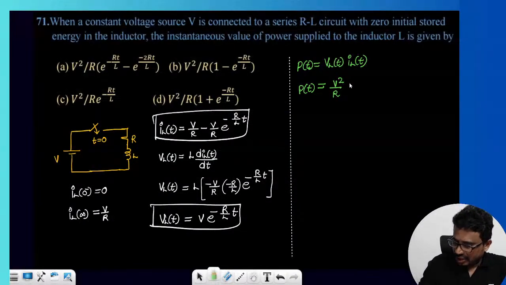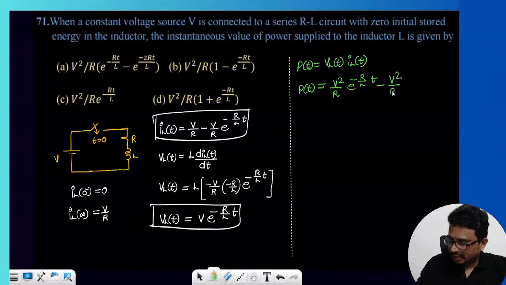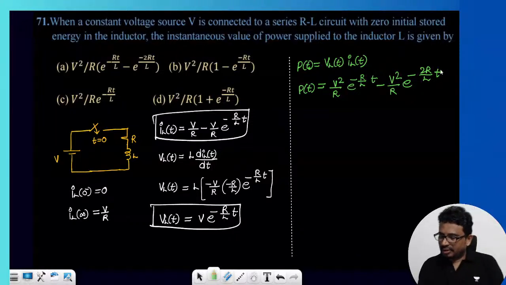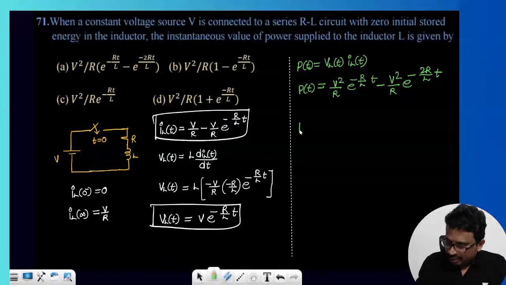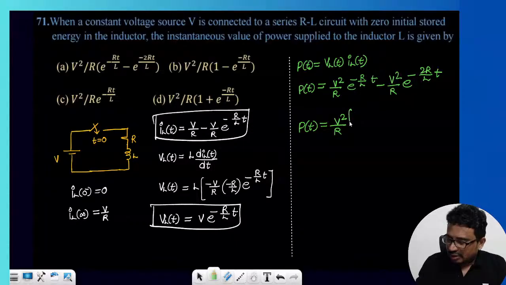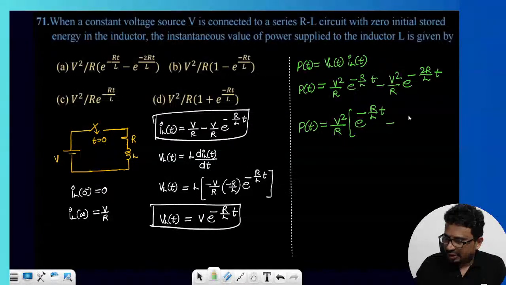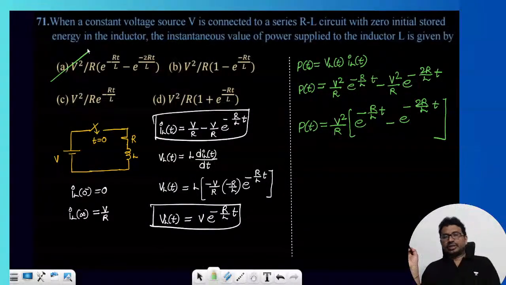V square by R into e power minus R by L into t minus V square by R into e power minus 2R by L into t. Check and tell. So the instantaneous power should be V square by R into e power minus R by L into t minus e power minus 2R by L into t. Which option do you see? Option A.